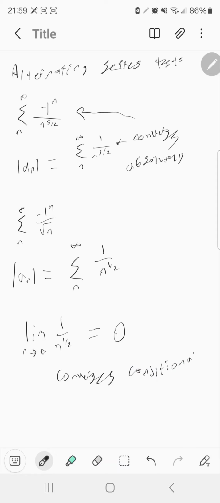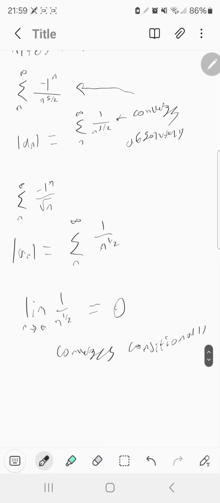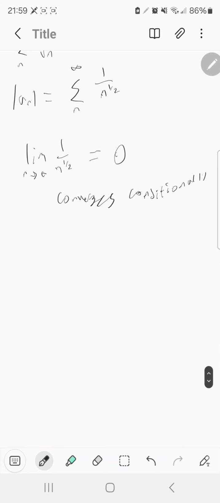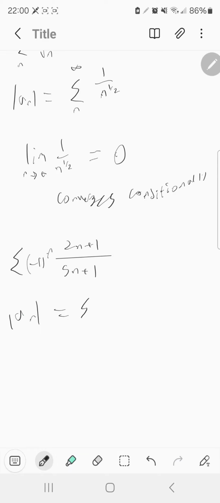Now, if none of these requirements are satisfied, it diverges. For example, the series (-1)^n times (2n plus 1) over (5n plus 1). Of course, we find the absolute value, and we get (2n plus 1) over (5n plus 1).